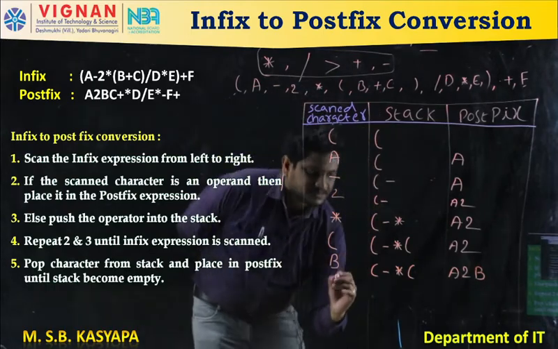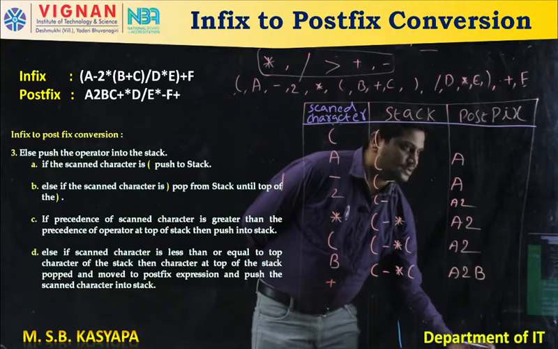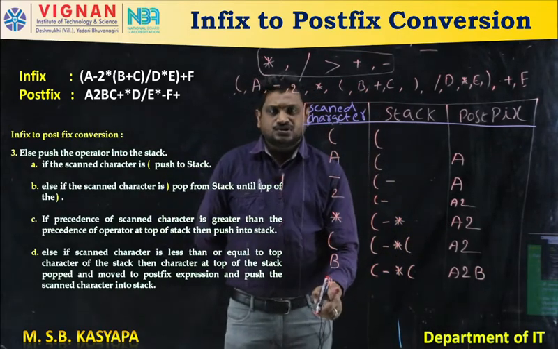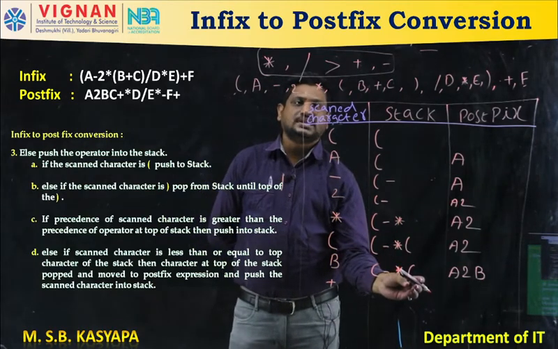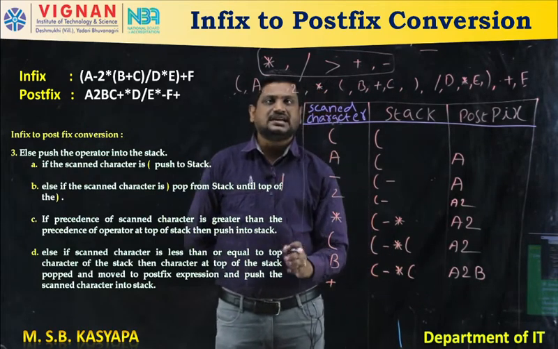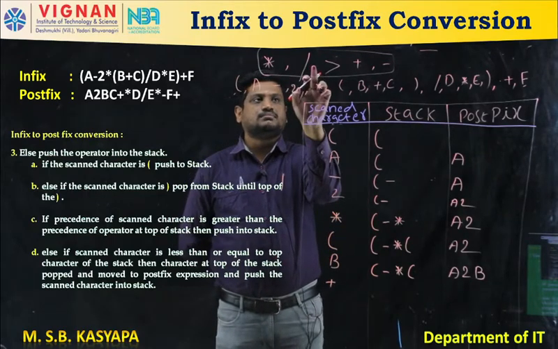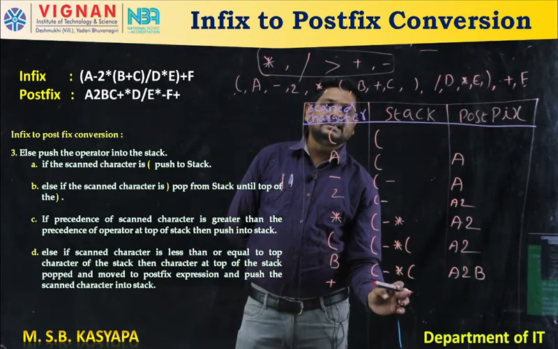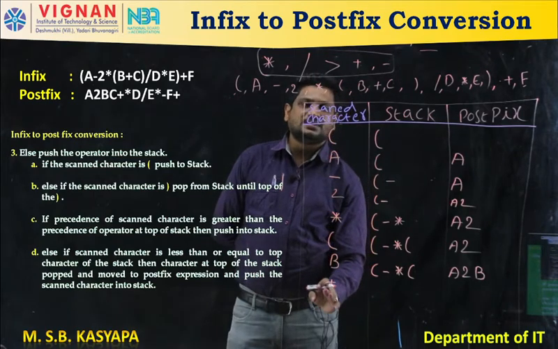Next is plus. Again, the scanned character has to be checked against the top operator available in the stack. As I said previously, we are only considering the precedences of multiply, divide, plus, minus. So, the bracket is less than plus, which means the scanned character precedence is greater.